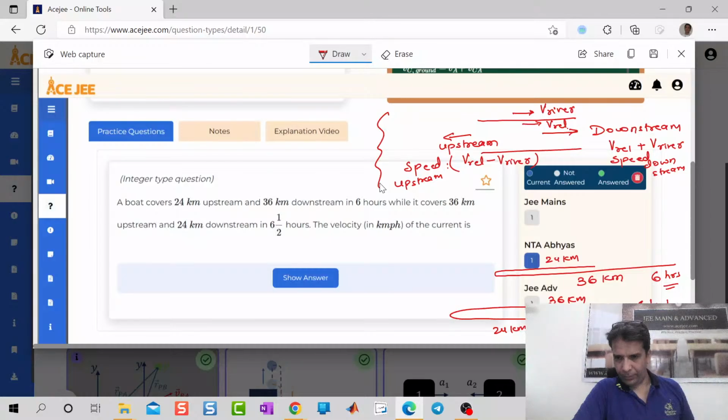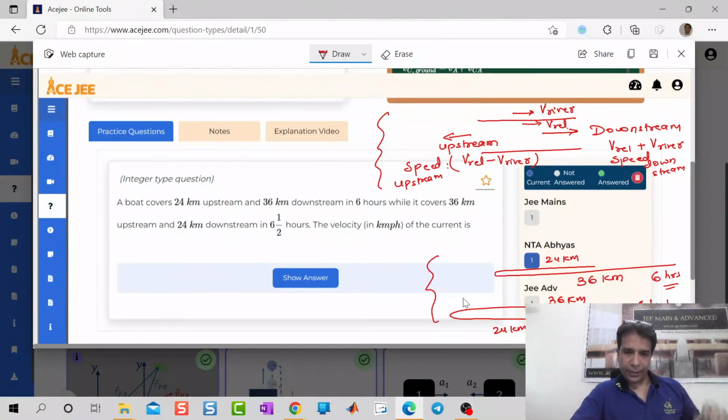So I took, yeah, that's what I did. I took the velocity of the boat as x and velocity of the current as y. And then I did distance by velocity is time, right? So I did 24 by x minus y plus 36 by x plus y is equal to 6. And in a similar way I did for the other situation, and I treated it like a pair of equations.